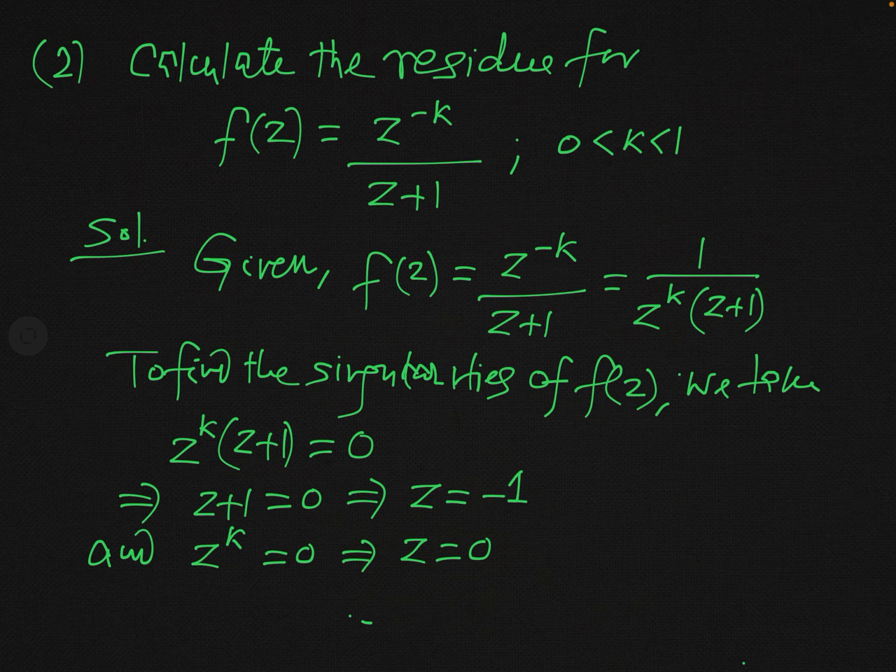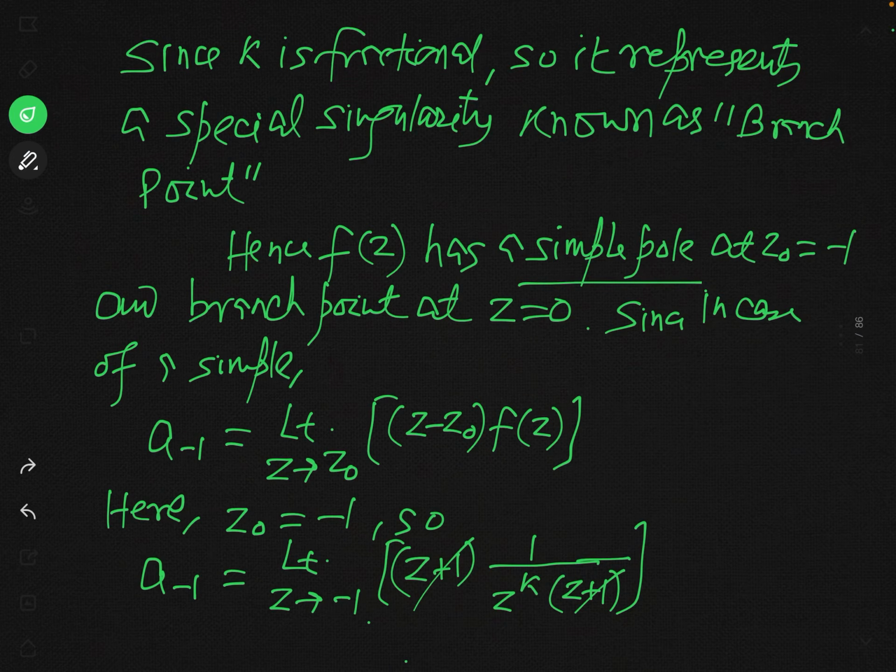And again, you can see z to the power k equal to 0. Since k is a number lying between 0 and 1, this will be valid only when we take z equal to 0. Now you can see that the value of k is fractional, and so it represents a special type of singularity.